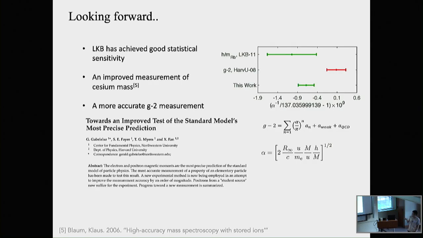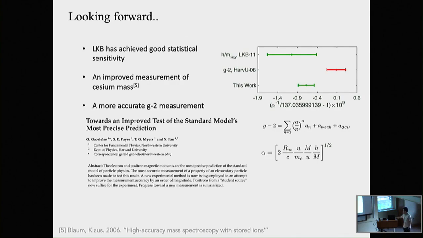And Professor Klaus Bloom is going to do an improved measurement of the cesium mass, because when we calculate alpha, the uncertainty on cesium will also enter into the final uncertainty of alpha. And Professor Gerald Gabrielse, now at Northwestern, has proposed a 10 times better g-2 measurement.